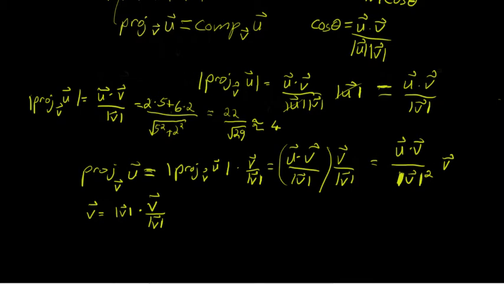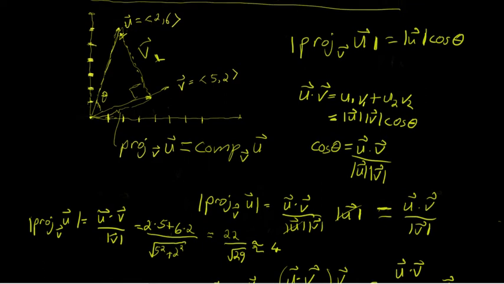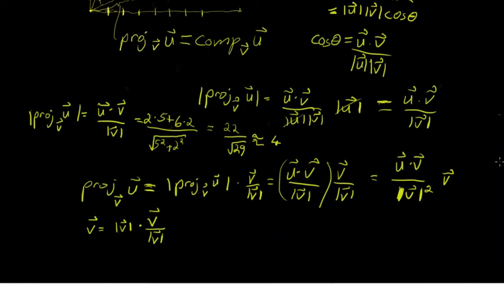Okay, so what does that help us do in this case? So let's say we're projecting this vector u, 2, 6, onto the vector v, 5, 2. So we can just go ahead and use this formulation here to figure out this actual projection vector. So u equals 2, 6, and v equals 5, 2.